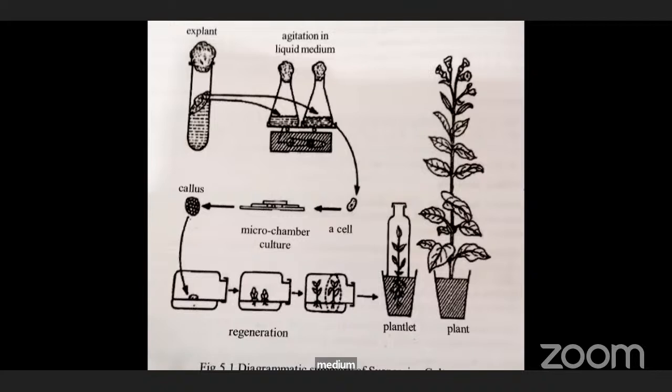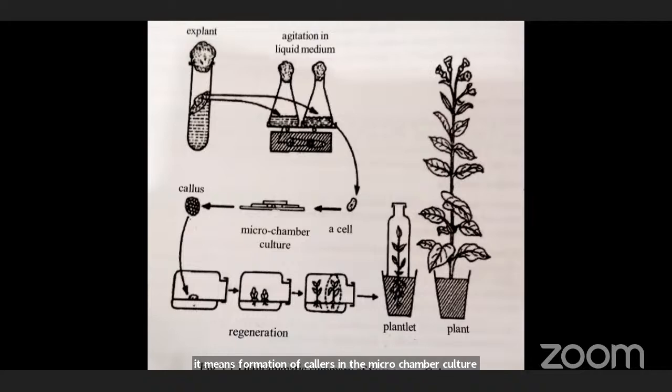Now in this liquid medium, a single cell is selected. Then the cell is transferred into the micro chamber culture, where the cell repeatedly divides and produces a mass of cells. So it means formation of callus in a micro chamber culture.